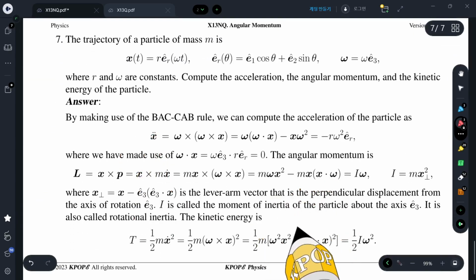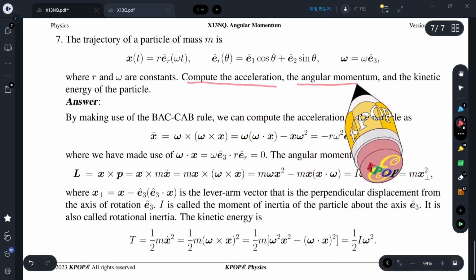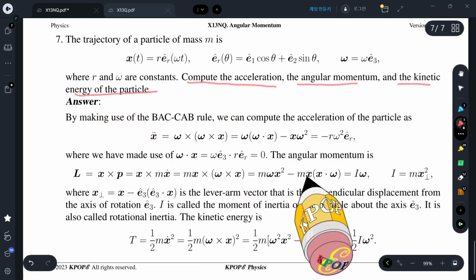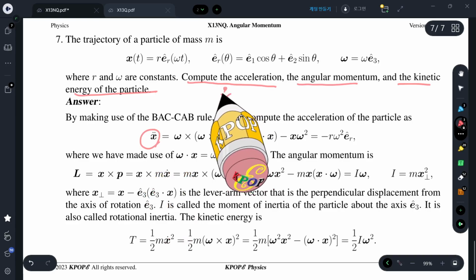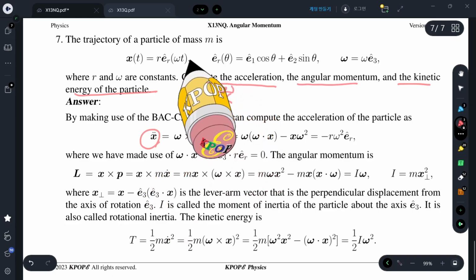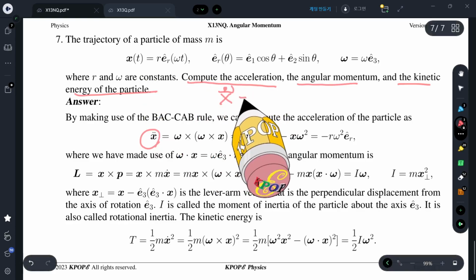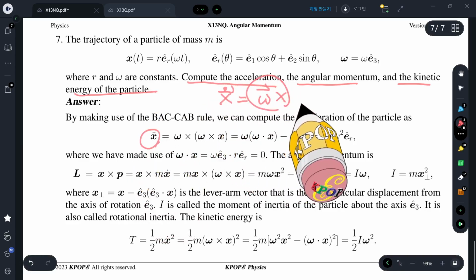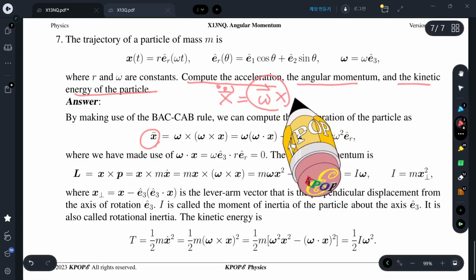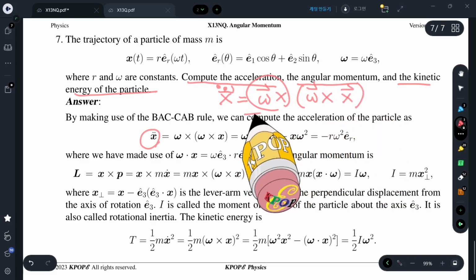Trajectory of a particle, again the same problem. Compute the acceleration, angular momentum, and the kinetic energy of the particle. Acceleration: taking the time derivative on a particle that is making a uniform circular motion can always be computed equivalently by multiplying omega cross. So if I have a double time derivative, I have omega cross omega cross the position vector.